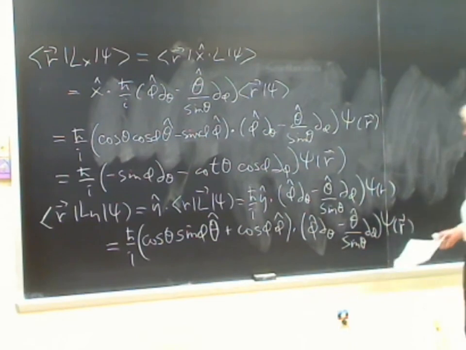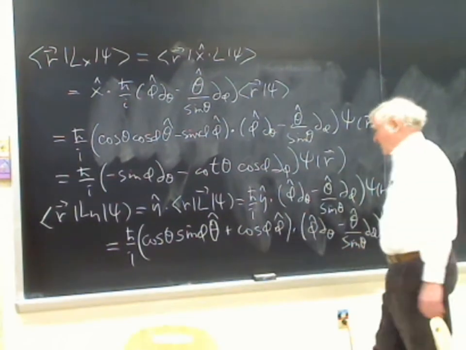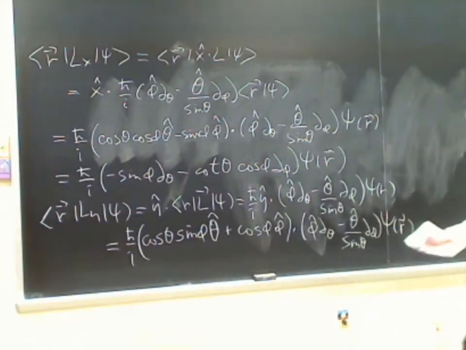Okay, now taking the dot product, we get a component from that and a component from this, and the rest is 0. Cross terms are 0.